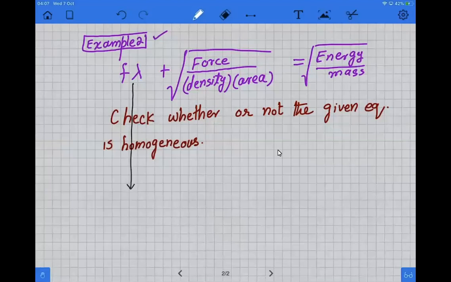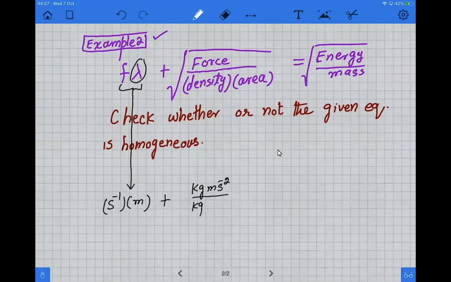Writing units. First of all, what is base unit of f and lambda? Base unit of f is second inverse and base unit of lambda is distance, its wavelength. Its unit will be meter. Plus force will be in kilogram meter second minus 2 divided by density will be kilogram meter minus 3. Per meter cube is not a good idea.